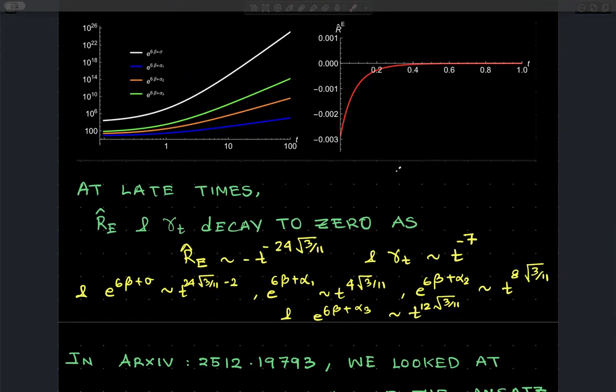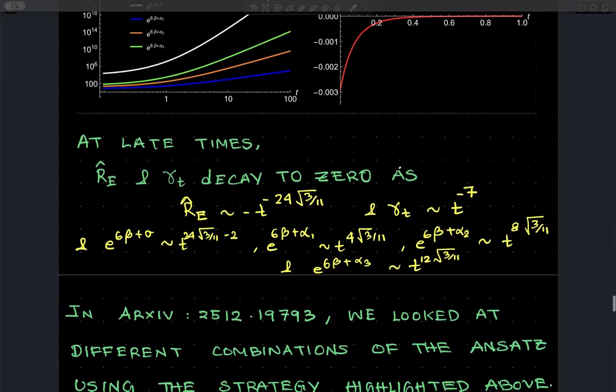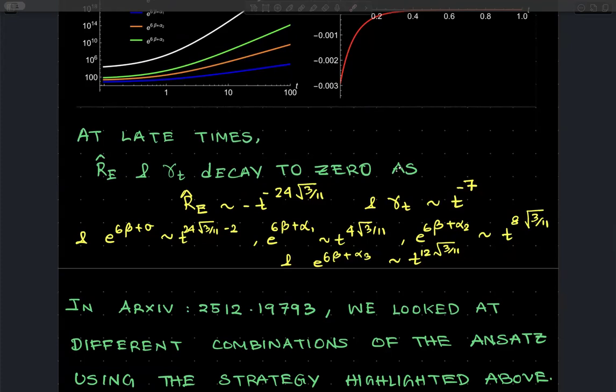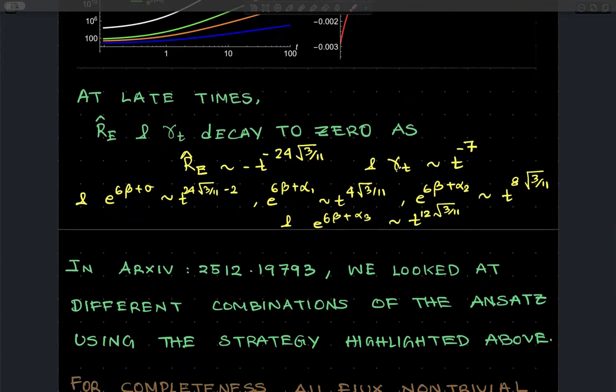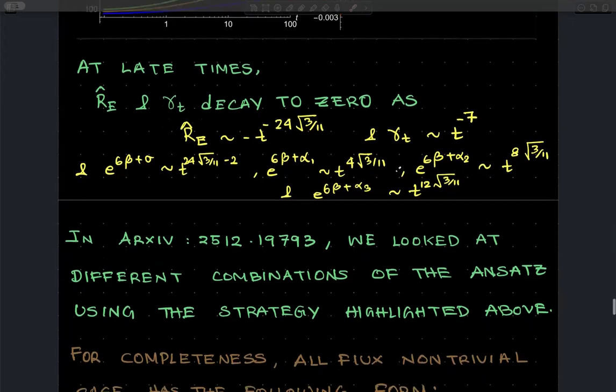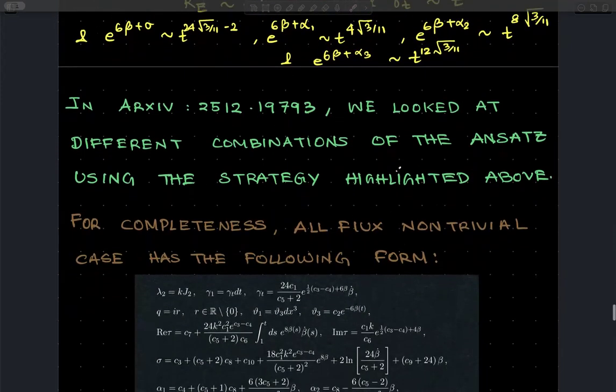In the paper, there are other cases, for example, where we turn on G3 and take tau to be time dependent. There are of course other cases, but for completeness, I'll just present one of them, where all of the fluxes are non-trivial.